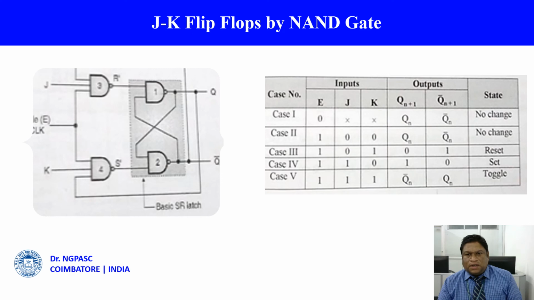When the clock is on and K equal to 1, it is reset, which means Q bar equal to 1 and Q equal to 0. When J equal to 1, the Q value is 1 and the Q bar value is 0, which is again called the set state. When both are 1, we have a toggle state. So this is how the JK flip flop works.